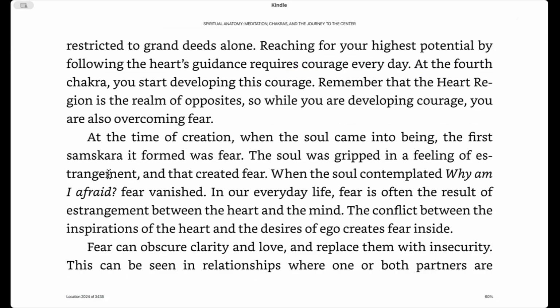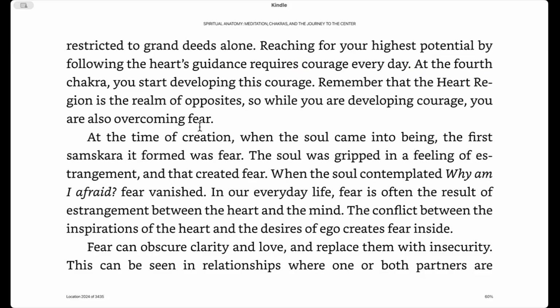Reaching for the highest potential by following the heart's guidance requires courage every day. At the fourth chakra, you start developing this courage. Remember that the heart region is the realm of opposites. So while you are developing courage, you are also overcoming fear.